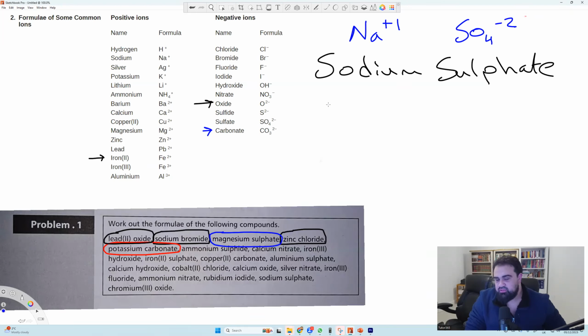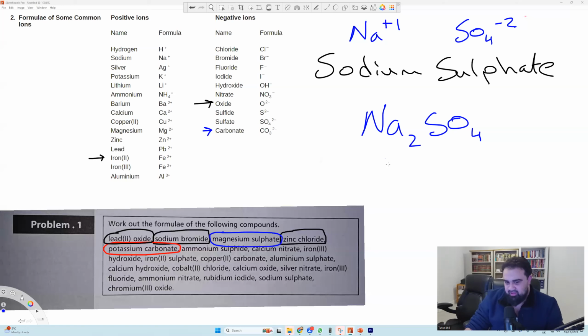So you're supposed to balance out the sodium with the sulfate. So you add 1 more of the sodium, which makes it 2 sodiums, and then you keep the sulfate as it is. Well done. Very well done, Rachel. So it's Na2SO4. You did that by yourself?